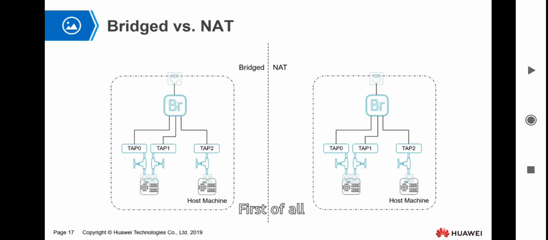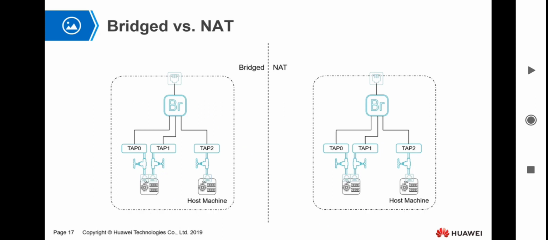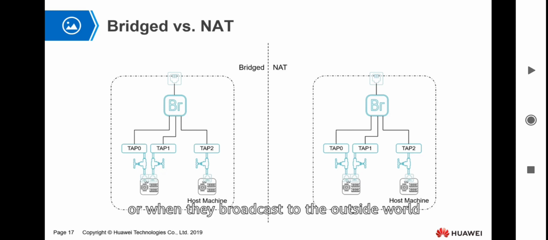First of all, let's take a look at the difference between bridge and NAT. Both bridge and NAT directly connect the virtual network card to the physical network card. They have some differences when forwarding data. When the virtual machine contacts the outside world, even including physical machines, or when they broadcast to the outside world, they will write their own IP address as a source address.